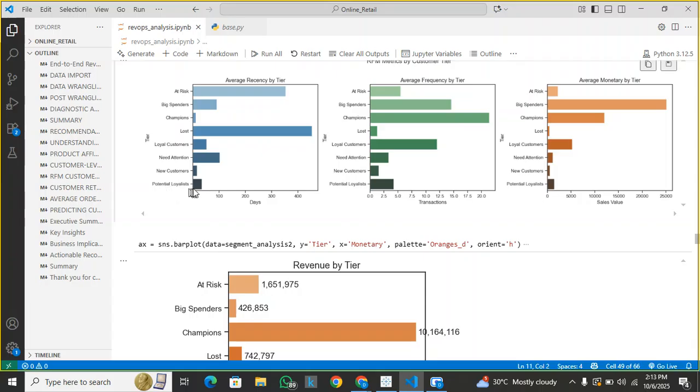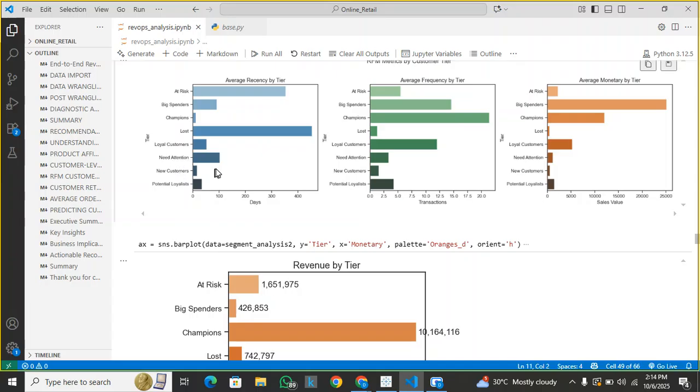Potential loyalists buy frequently, but they bought fairly recently, and they spent averagely. New customers bought just once. Of course, they just came on board, so they bought just once and recently.